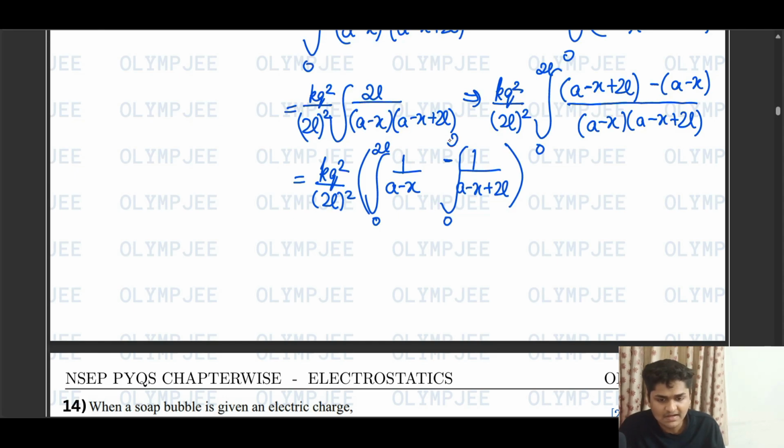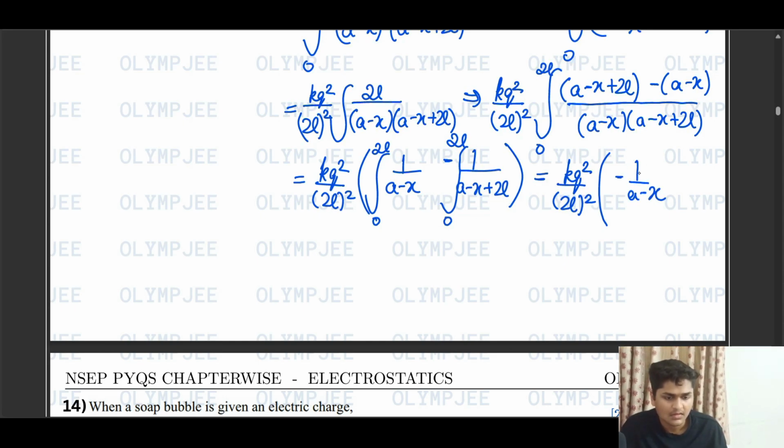Right, we will get this, and this is easy to integrate. We know the integration, which is log. So this will become minus of this from 0 to 2l, and minus minus will become plus.